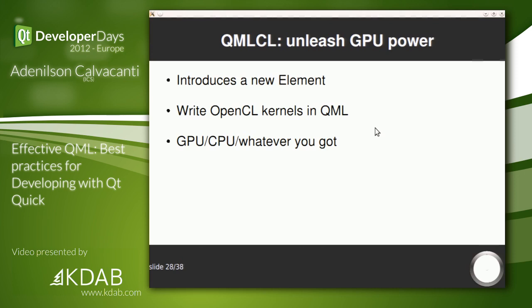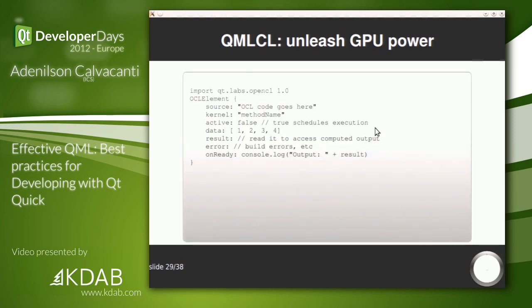So I wrote a small demo where basically I defined an OCL element. I think this should be called something like QtLabs OpenCL, but in my demo I'm calling it something else, where you can define the source of the OpenCL program as an attribute, and the kernel, which is the function you want to execute.